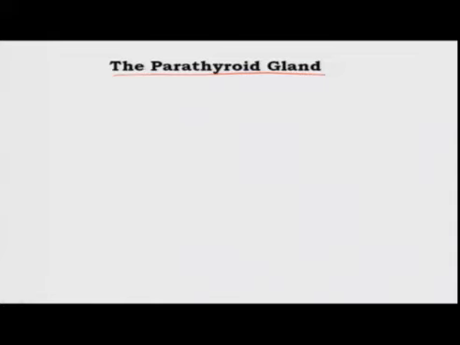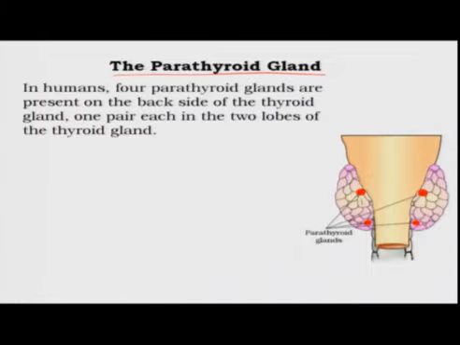So, the parathyroid glands in humans, there are 4 of them. Before this you just looked at a picture which showed you the thyroid gland. If this was the vocal cord, the thyroid gland was present in a bilobed structure in front. Now, if you turn it around to the back side, you can see these 4 dot-like structures shown here.